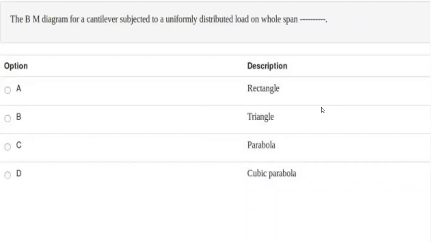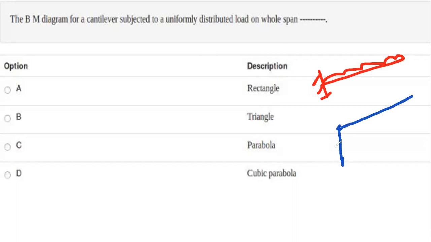Next, the bending moment diagram for a cantilever subjected to UDL on the whole span. What is the nature of the BMD? Whenever a cantilever beam is subjected to UDL on the entire span, the BMD will be below the reference line, and the nature of the BMD will be parabolic, a second degree curve.